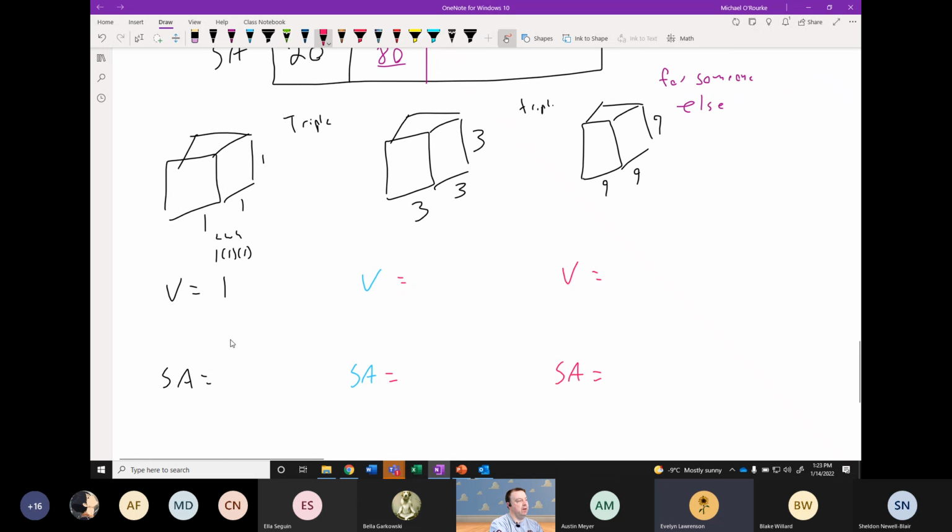Our surface area of this one is going to be 2 times 1 plus 1 plus 1. It's going to be 6 if I'm not mistaken. 3 plus 3, 6. Right.